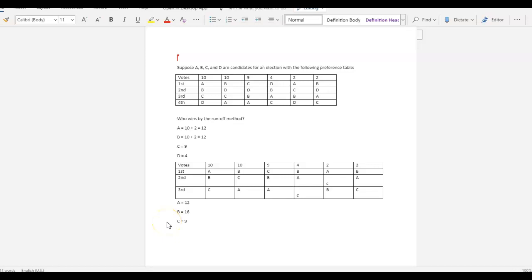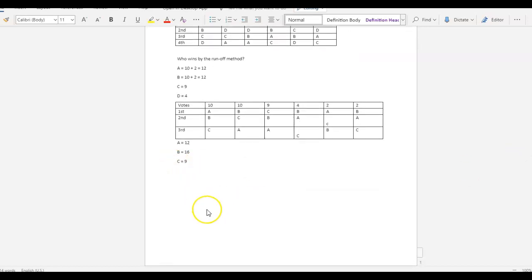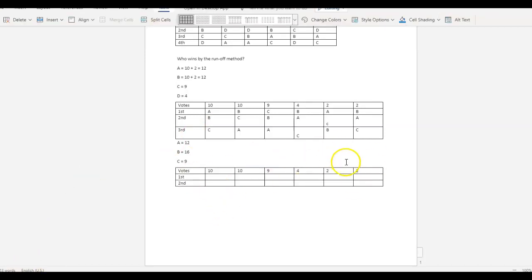And our goal with instant runoff method is to get to where we have the majority of voters voting for one candidate. And we'll talk in a minute about what a majority will be. But let's go ahead and make a new table eliminating C. Okay, so again, I made a new table with all my voters in place, but I'm going to eliminate C from the previous table. So I'll have AB right here.